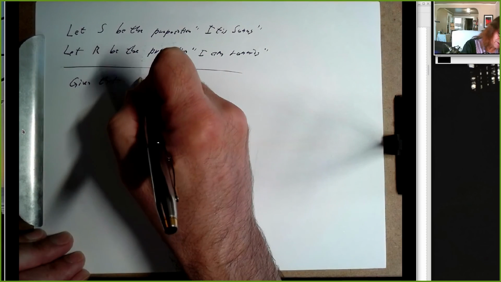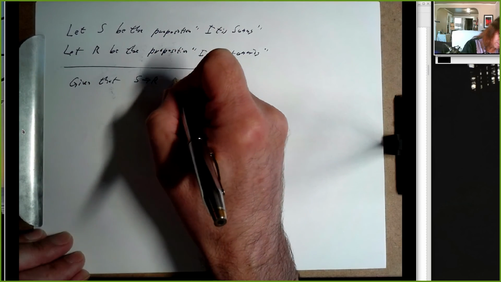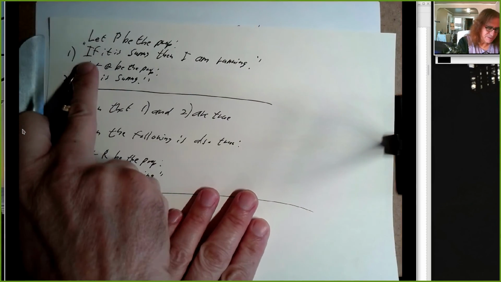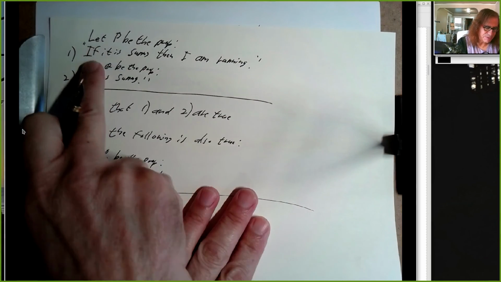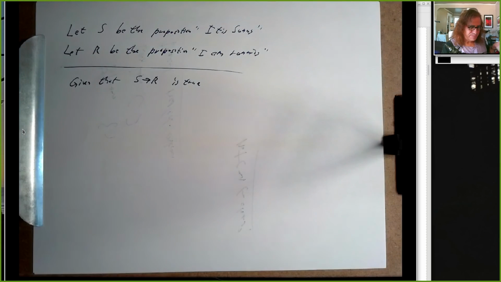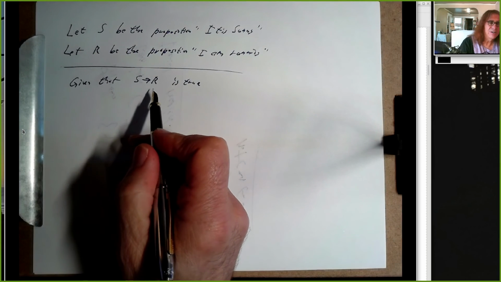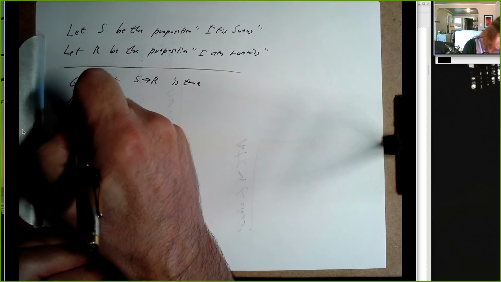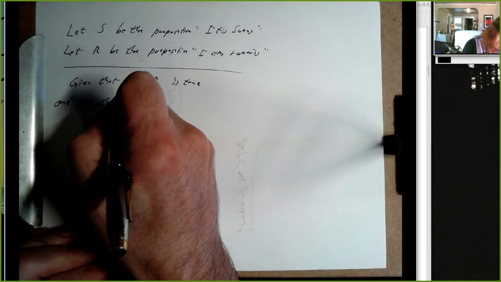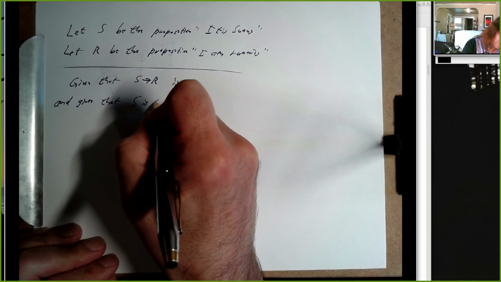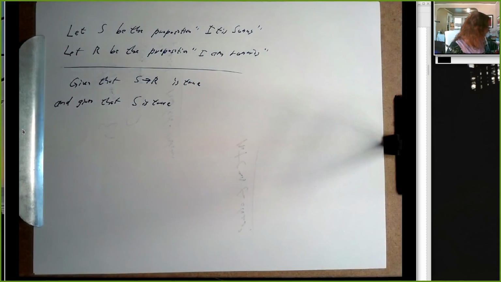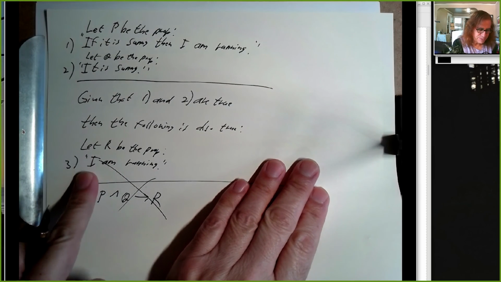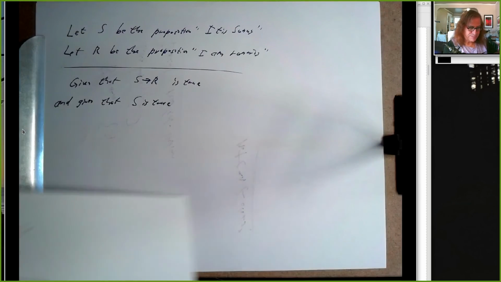Okay, if we are given that this is true, right? Because our first proposition I said was, if it is sunny, then I am running, and we're saying, let's suppose that that is true. So given that if S, then R is true, and given that S is true, right, that was our second statement, it's sunny, I said we can conclude that R is true, I am running.